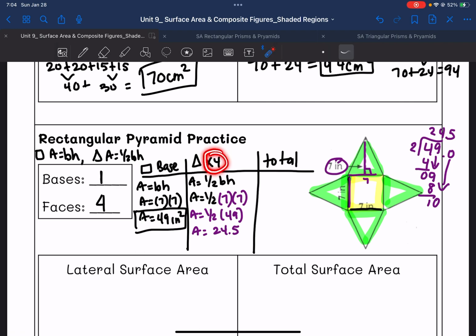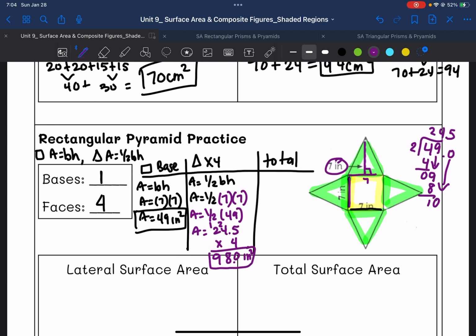We said times 4, and we've only found the area of 1. We need the other 3 added into that. So I'm going to multiply by 4. So that would be 98 inches squared. This is the final answer for the triangles.